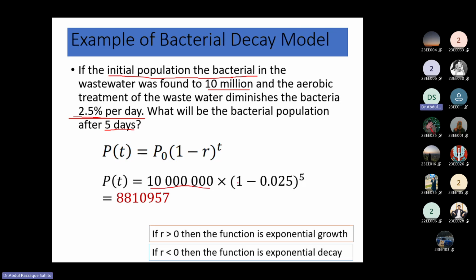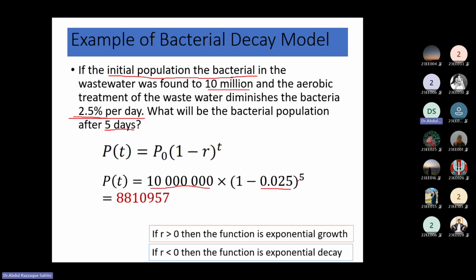This one is the formula with the negative sign. If we convert 2.5% into a fraction, we divide 2.5 by 100, so the answer becomes 0.025. 1 minus 0.025 will be lower than 1. If we take a power of that, it decreases, and this will be a smaller value compared to the previous one.